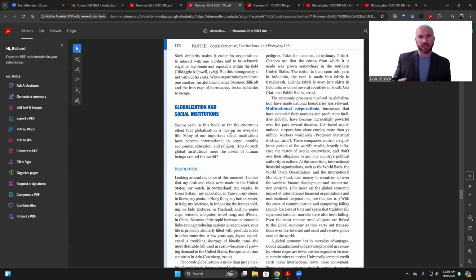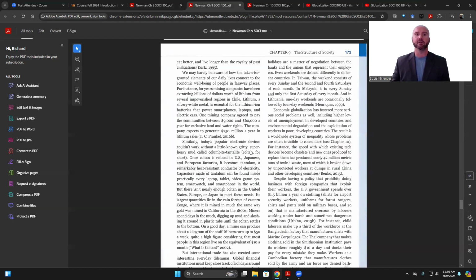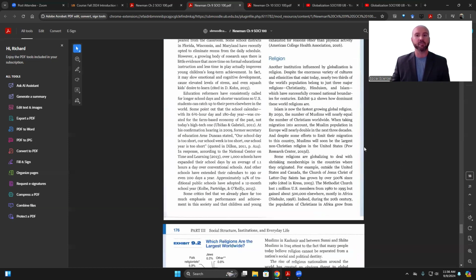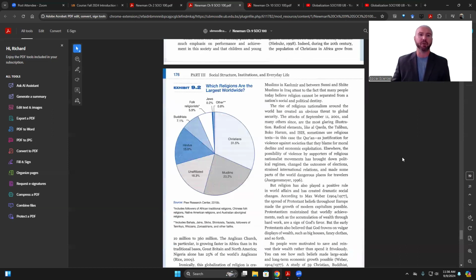So in our contemporary day and age, the institutions of economics, of education, and of religion are starting to become more similar across the planet. So for example, in terms of religion, we see the largest religions in the world are Abrahamic, monotheistic traditions of Christianity and Islam, with Judaism being much smaller in its numerical constitution.